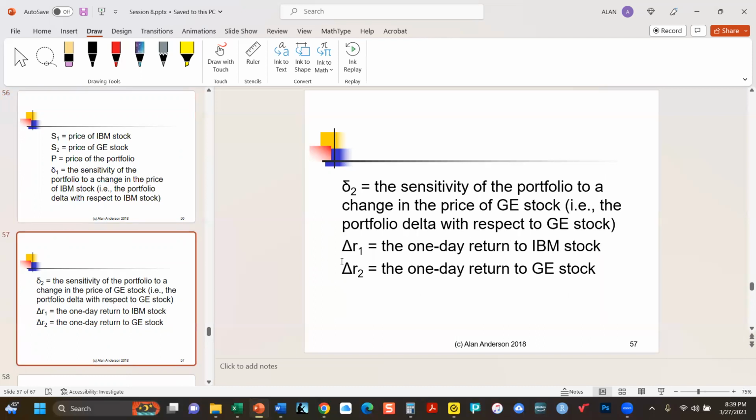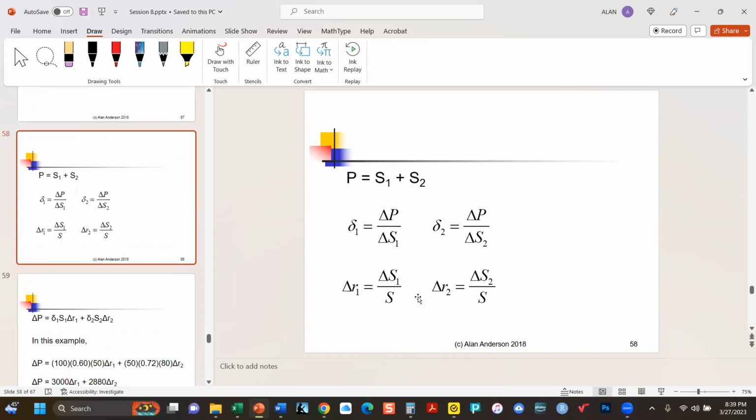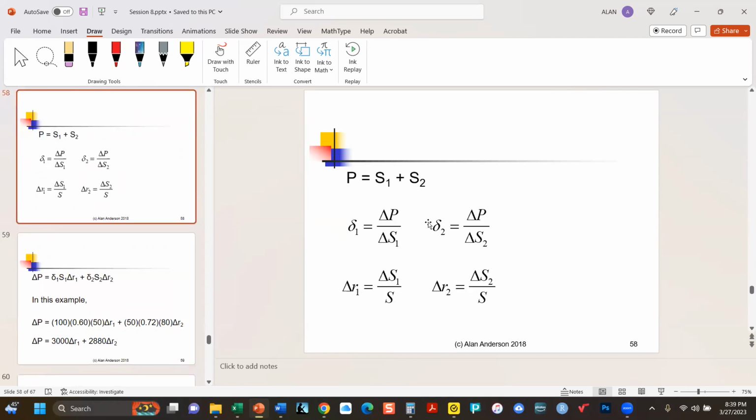And then these are the returns to the individual stocks. So think of these as, like I said, delta 1 is the change in the portfolio value due to a change in IBM. Delta 2 is the change in the portfolio value due to a given change in GE. The rates of return are simply percentage changes in the stock prices.